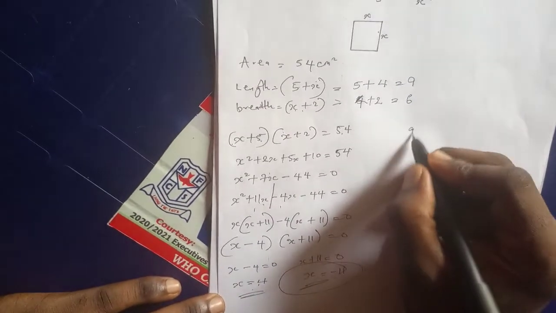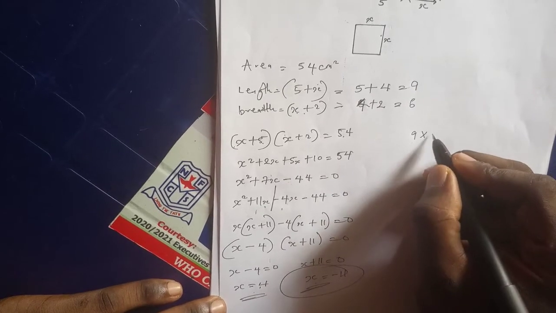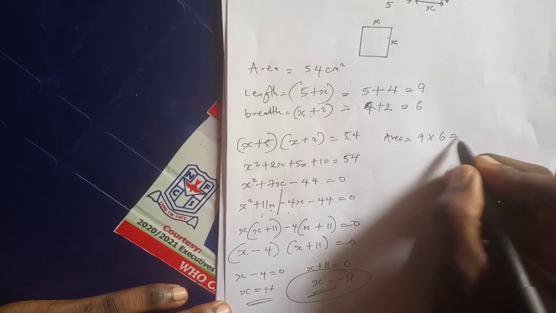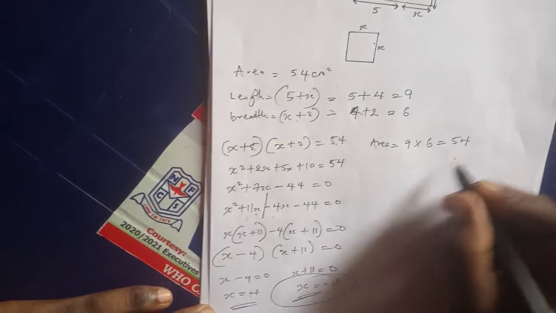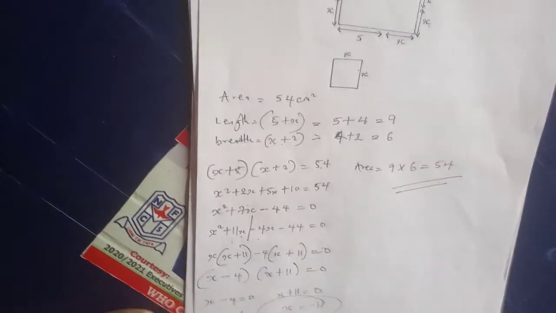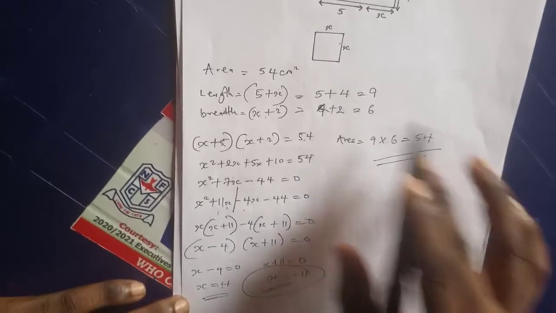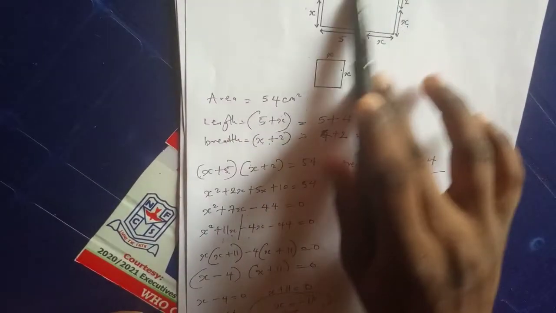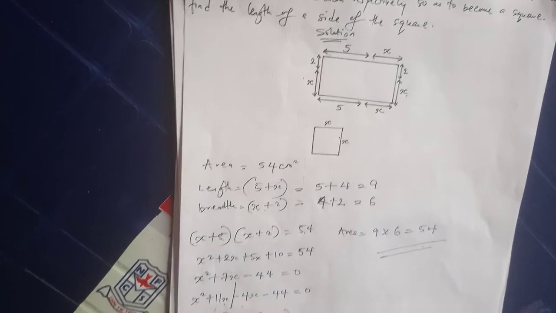And we all know that 9 multiplied by 6, which is the area, is equal to 54. And that's our final answer, 4. See, it corresponds to the 54, which is the area of the rectangle. Thank you.